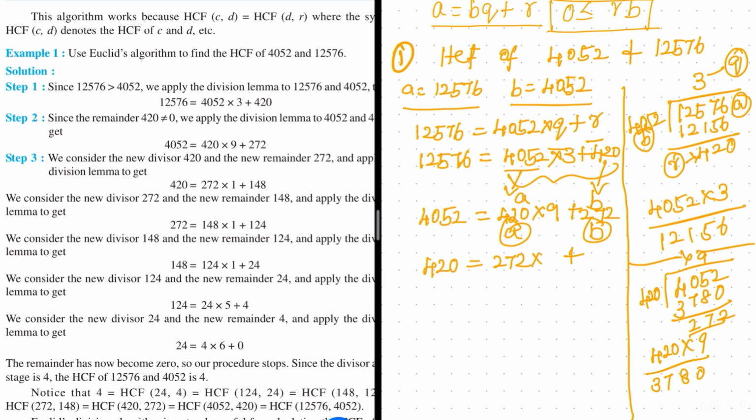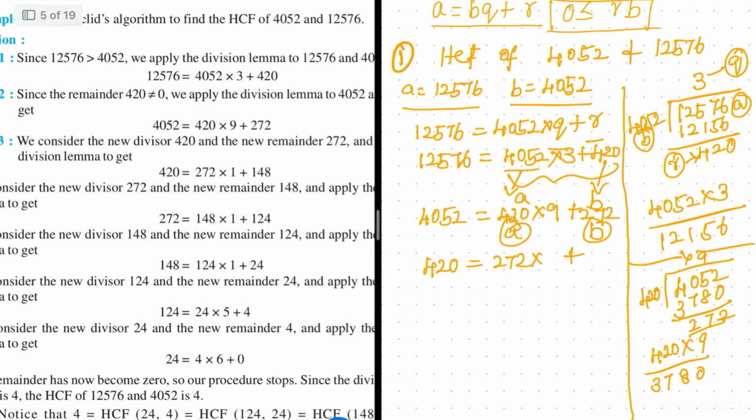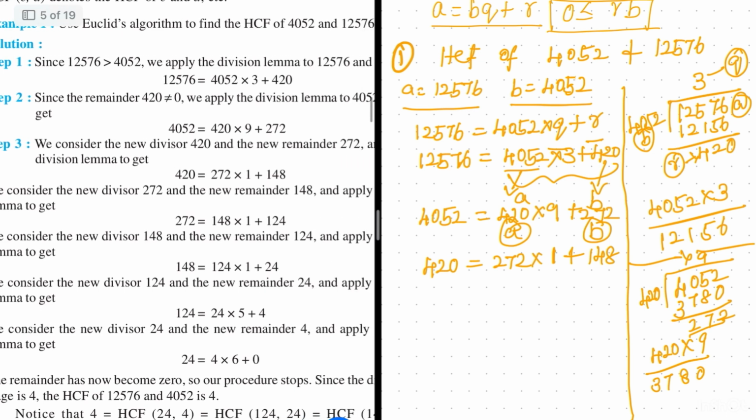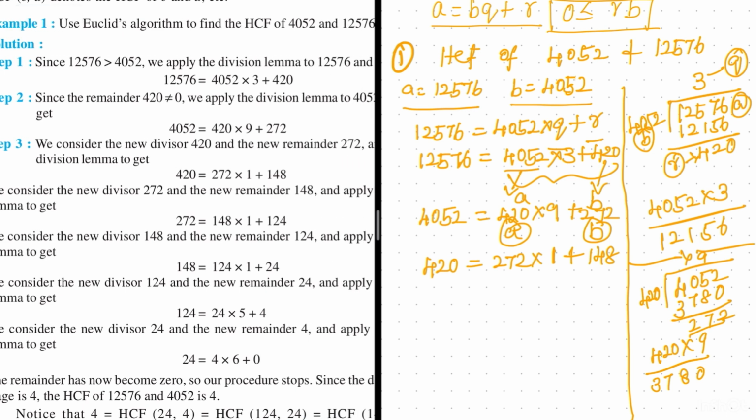Looking into the problem here, it is meant to be one time, and the remainder is 148. So again the same thing. 272 is equal to 148 into how many times? Almost one time, and the remainder is 124.